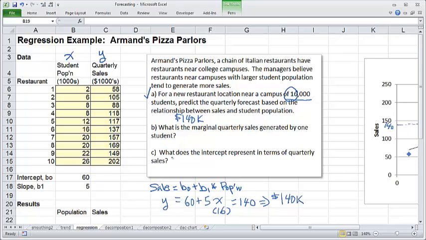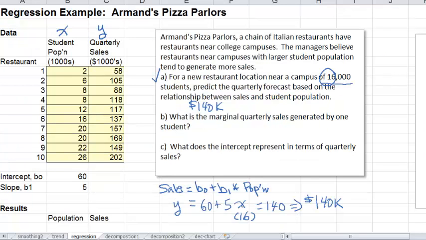We know that the slope here represents increase in y from 1 unit increase in x. Now, since y is in thousands of dollars and x is in thousands of students, then we could say when student population is increased by 1,000, that translates to $5,000 increase in quarterly sales.